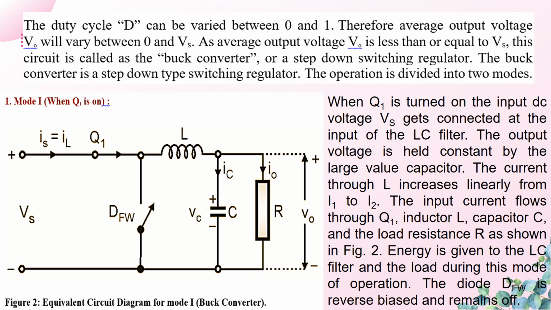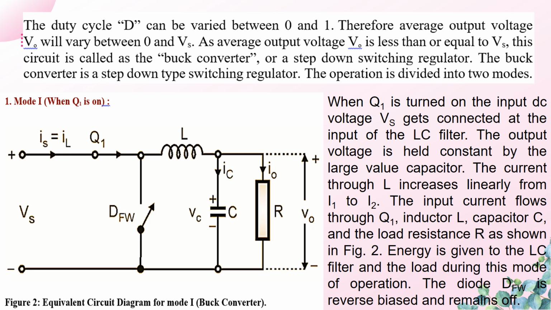Here the duty cycle D can be varied between 0 and 1. Therefore, average output voltage V0 will vary between 0 and Vs. As the average output voltage V0 is less than or equal to Vs, this circuit is called a buck converter or a step-down switching regulator. The buck converter is a step-down type switching regulator.